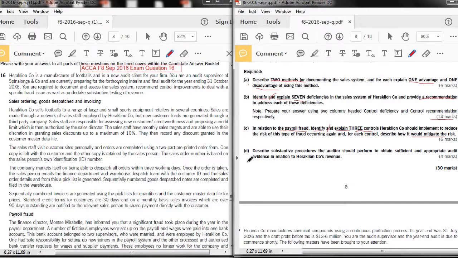D. Describe substantive procedures the auditor should perform to obtain sufficient appropriate audit evidence in relation to Heraklion's revenue. So here to note, part A is related to theory, part B is related to the sales system, part C is related to the payroll fraud, and part D is related to the revenue. And we can expect 3 different paragraphs in the scenario. So let's move to the question.